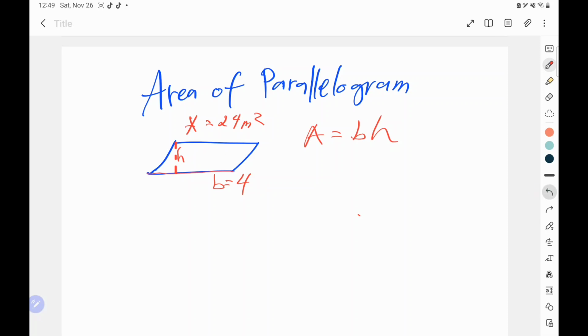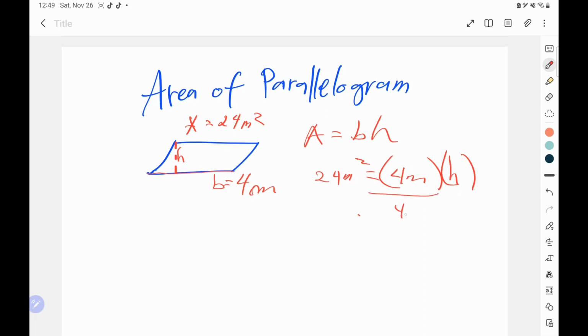Now what we're gonna do here is what? Your area is 24 meters squared, so 24 meters squared is equal to base. Our base is 4 meters. However, your height is not given because that's what we're looking for. So what we're gonna do here is just divide 24 by 4 to be able to find the h.